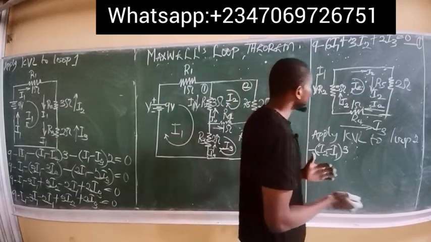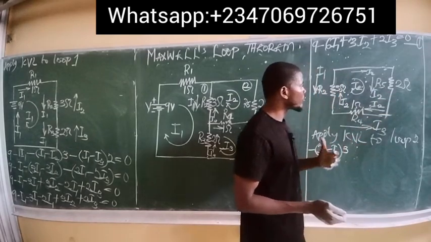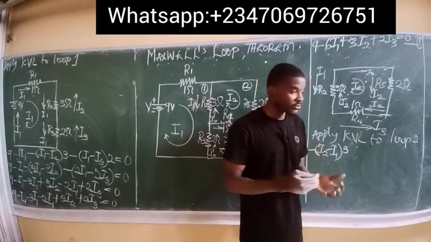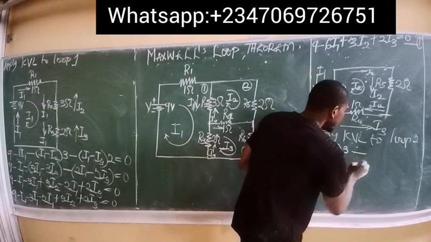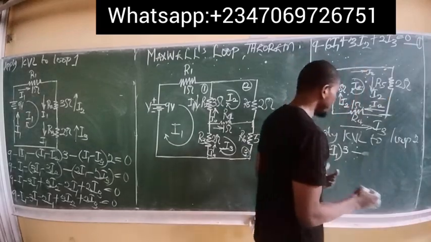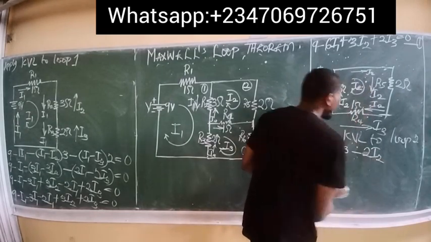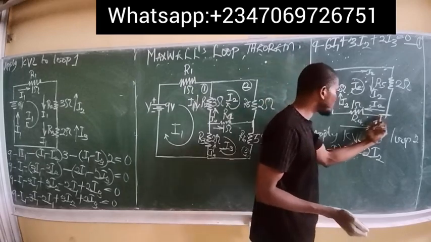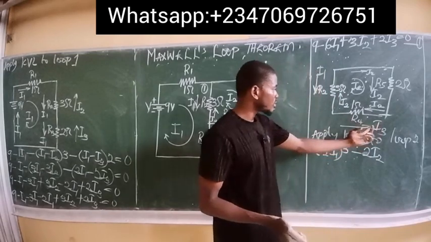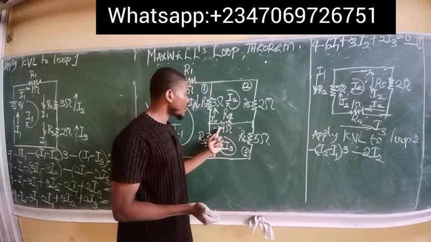I have this. The same current I2 flows through this R5 resistor, and whenever a current flows through a resistor, there's always going to be a potential drop, which indicates minus. So we simply have minus the current I2 times the resistor R5, which is 2 ohms, so minus 2I2, and also I have I2 flowing through R4 resistor, but also I have current I3 flowing through that same resistor R4.